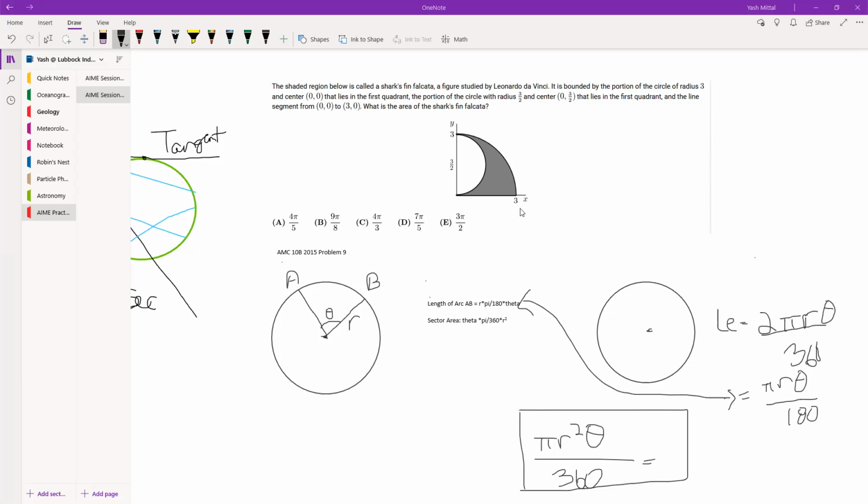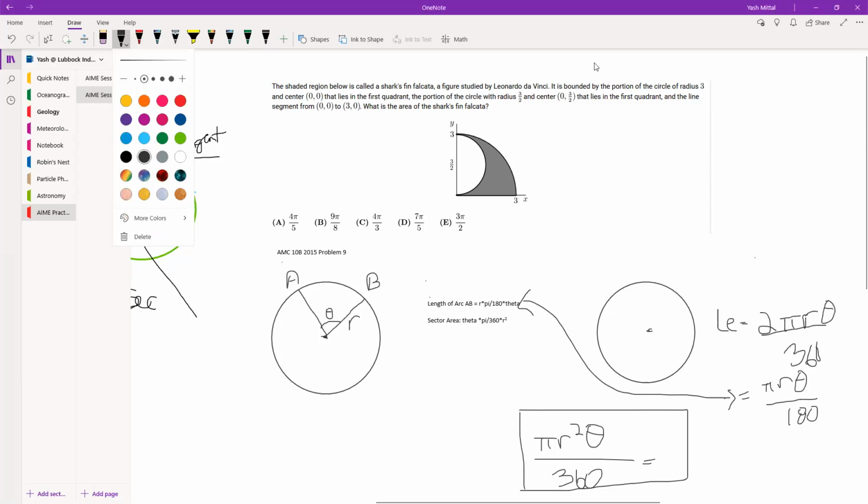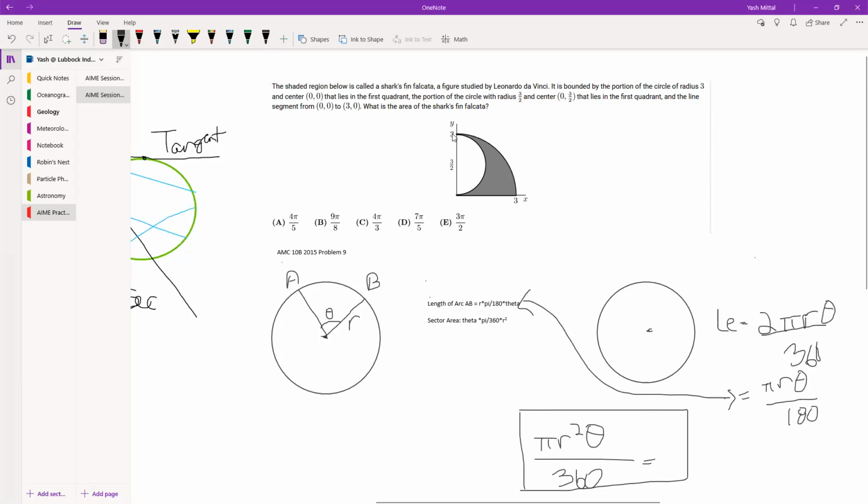So notice how, if I were to just highlight this big circle right here, there's this big sector of a circle that's 1/4 of it. Notice how it's a 90-degree angle here. And then you have a smaller semicircle, which is 1/2 the area of a circle with that radius.